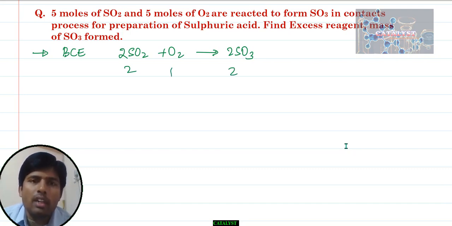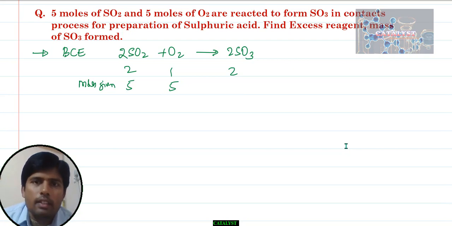Every time we may not have to write like this, immediately we can go ahead with our calculations. So moles given are 5 here, and here also 5 moles. Then excess reagent.